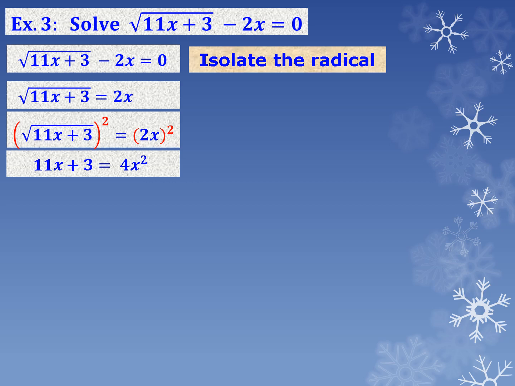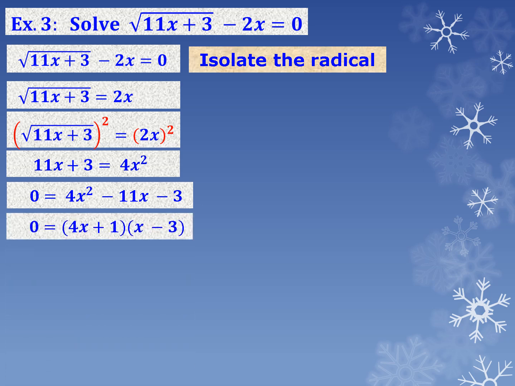So what I'm going to do is make one side equal 0. Because it's a quadratic, it has to equal 0 to be solved. So I'm going to subtract 11x from both sides, and then subtract 3 from both sides. So that gets me 0 equals 4x squared minus 11x minus 3. So I need to factor this.